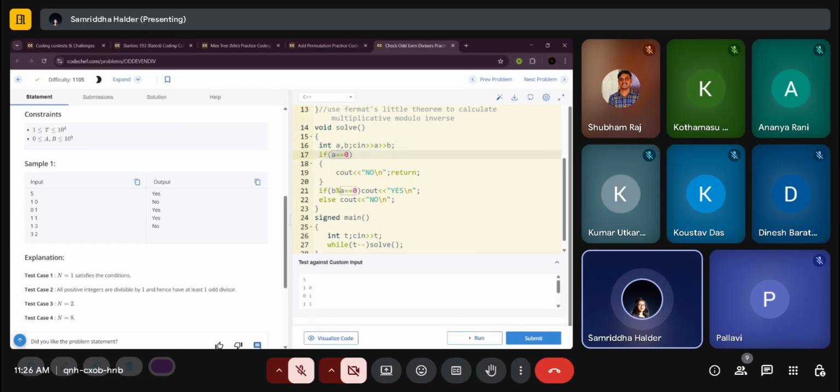If A is equal to 0, that means it will be no. Why? Because every number has 1 as its divisor and 1 is odd. So A cannot be equal to 0. That's why we are printing no here. Now if B divides A, that is B mod A equal to 0, then our answer will be yes. Otherwise we will print no. Is this clear?